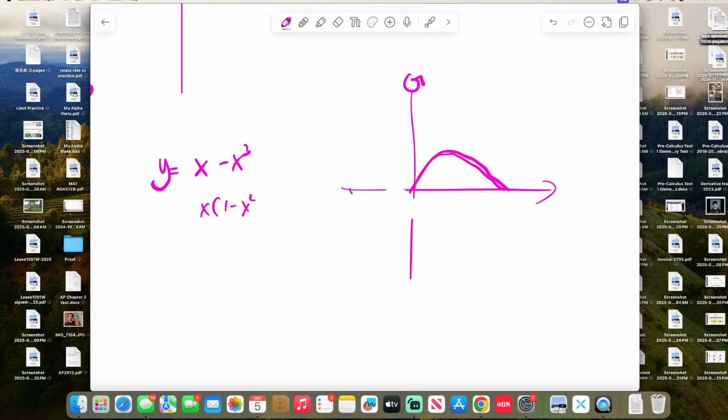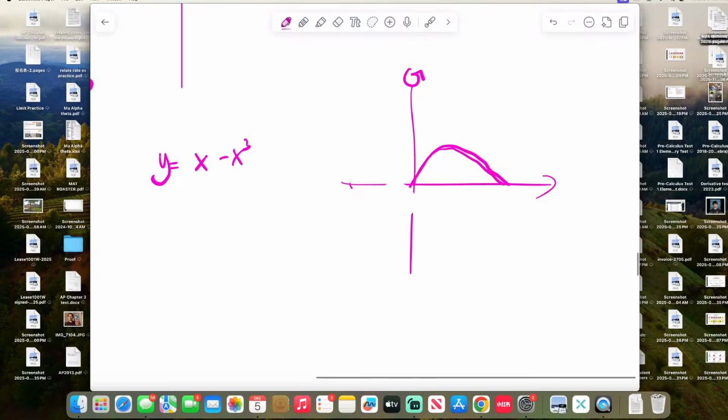Okay. And I need you to set up the equation. It's easier than you think. It's rotating around the y-axis. Now we're gonna deal with off-axis rotation in a second.